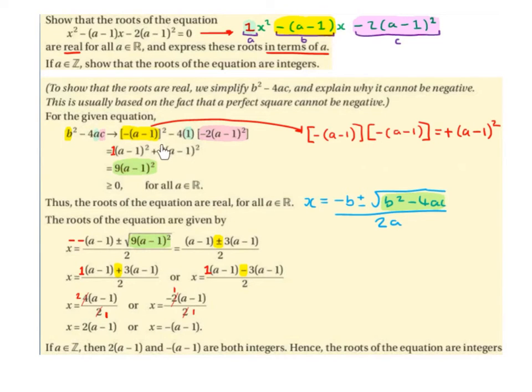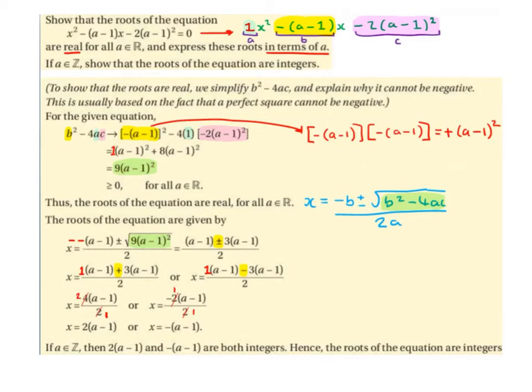So we end up with plus 8 stuck on to the (a minus 1) squared. Notice that we have the same thing in each set of brackets: we have 1 of them, and then 8 of them, and 1 plus 8 is 9. So we end up with 9 times (a minus 1) squared.